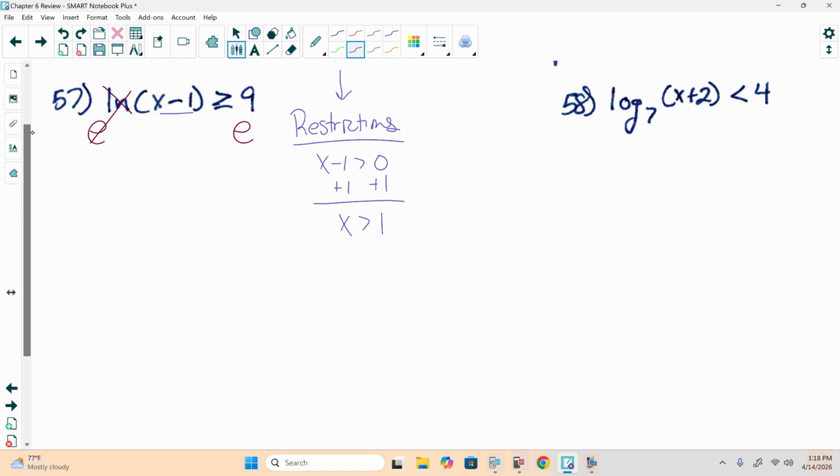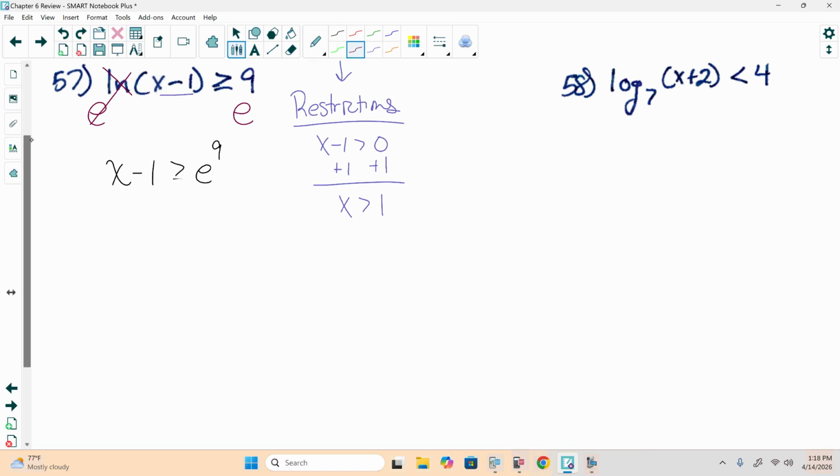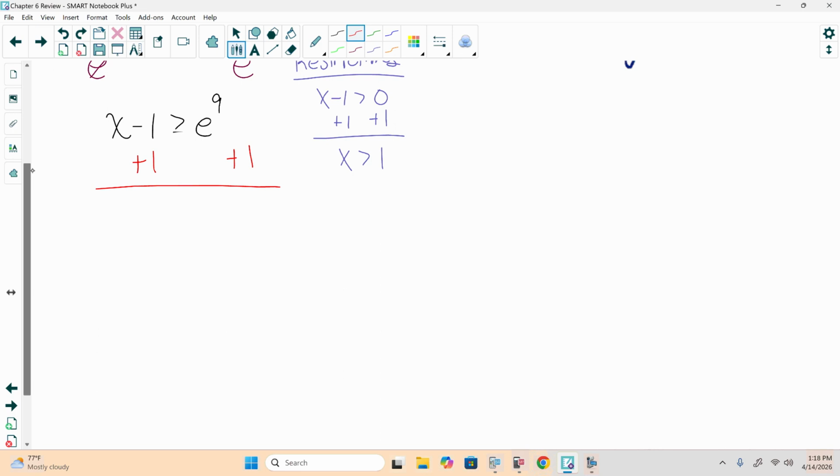And our e and natural log simplify out, telling me that x minus 1 is greater than or equal to e to the 9th. Luckily for us, x is not being squared, so we just need to get x by itself. And to do that, we will add 1 to both sides, telling me that x is greater than or equal to e to the ninth plus 1.